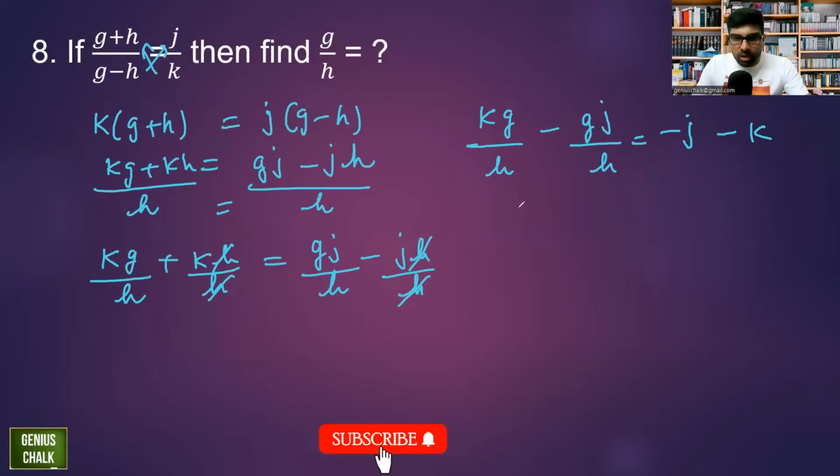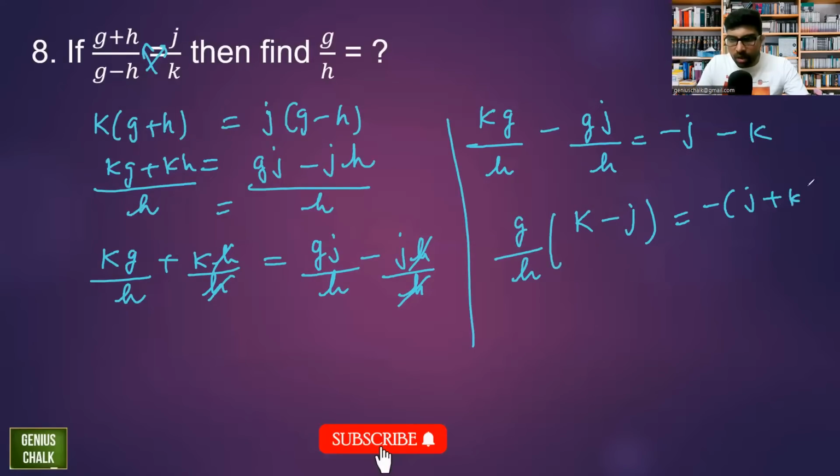Now here you can see G by H is common. So it is left with K, it is left with J. I hope you are getting my point. It is K minus J. Now I can take this minus common. It is J plus K.